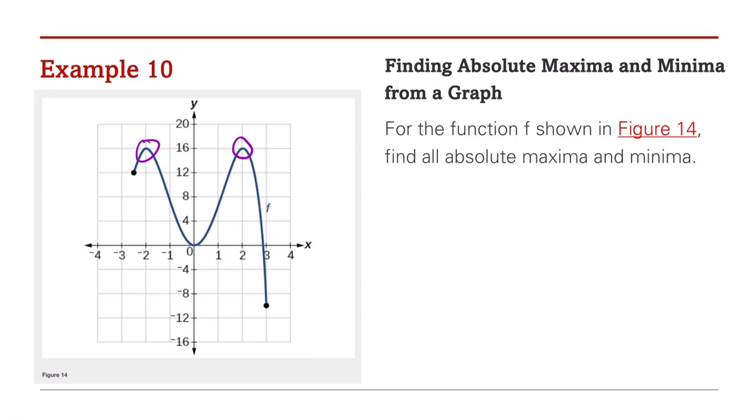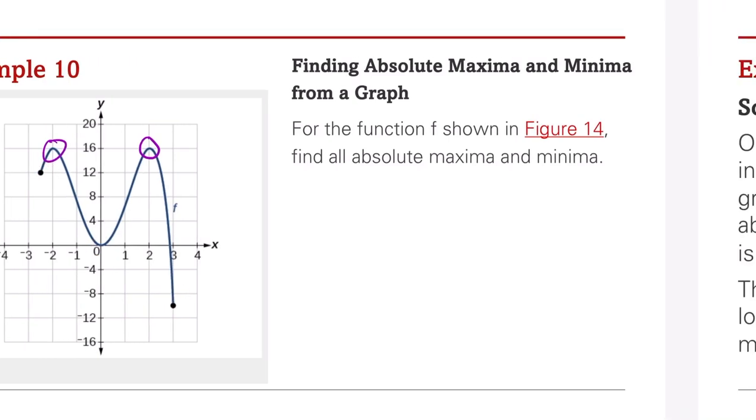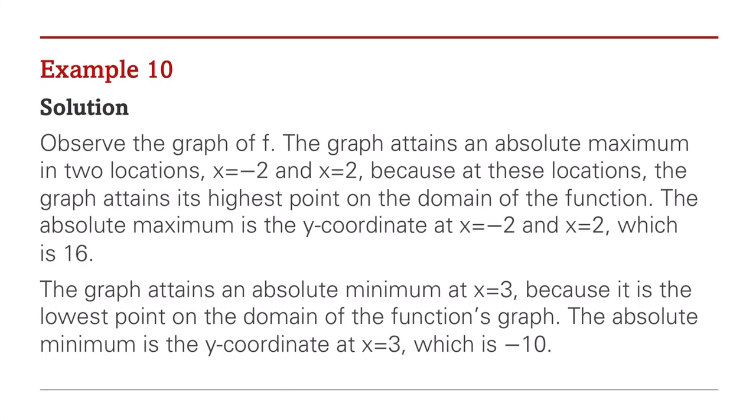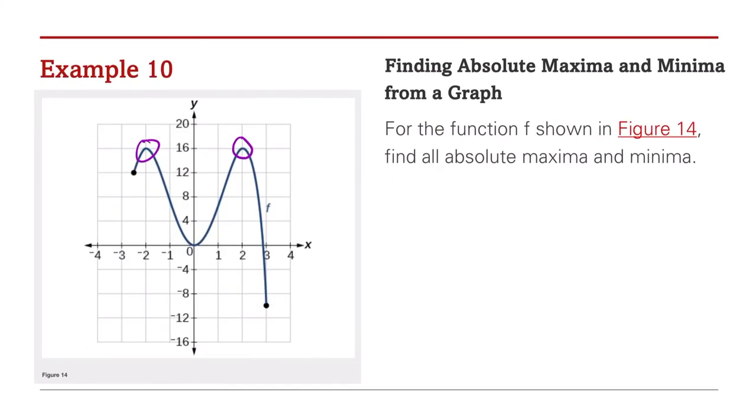All right. So again, when we're considering absolute max and min, we still identify our peaks and our valleys, and we also consider the endpoints, and then the highest y values are our absolute maximum. The lowest y value is our absolute minimum, right? Let me just write it. Okay.